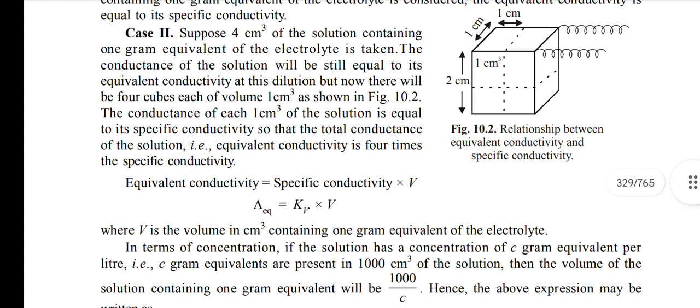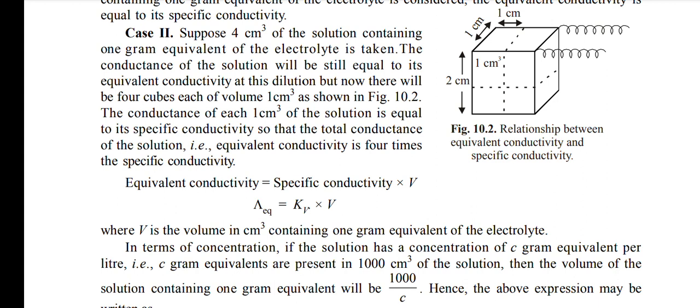Case 2. Suppose 4 centimeter cube of the solution containing 1 gram equivalent of the electrolyte is taken. The conductance of the solution will still be equal to its equivalent conductivity at the dilution. Now there will be 4 cubes, each of volume 1 centimeter cube, as shown in figure 10.2.